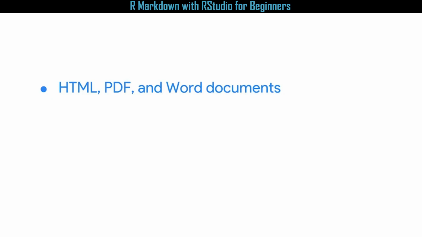R Markdown lets you convert your files into lots of different formats too. You can create HTML, PDF, and Word documents, or you can convert to a slide presentation or dashboard. Having these options makes it easy to share the same analysis in a variety of ways, depending on your audience.